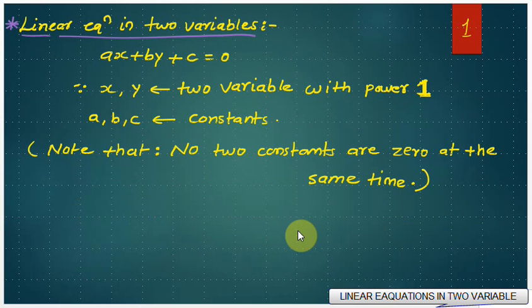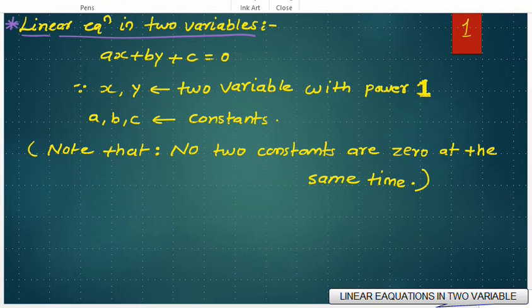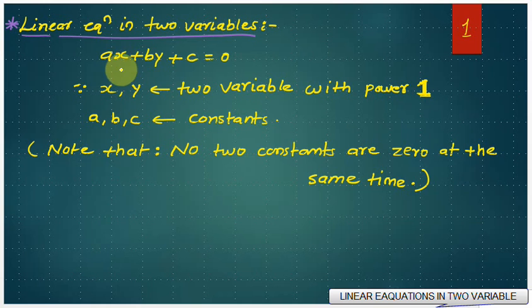The first concept in linear equations in two variables is the definition of a linear equation in two variables. Here, the standard form of the linear equation in two variables is ax plus by plus c is equal to 0, where x and y are the two variables with power 1.